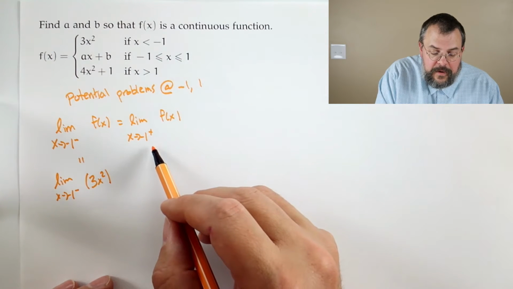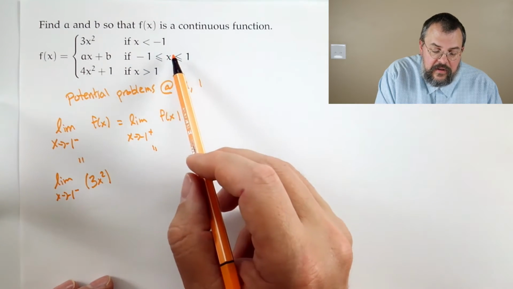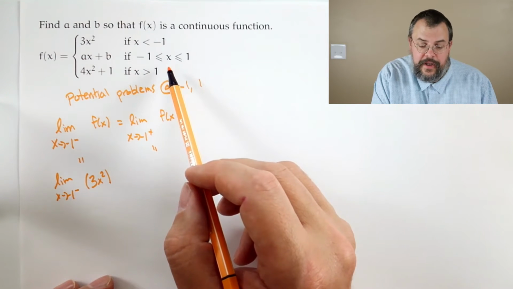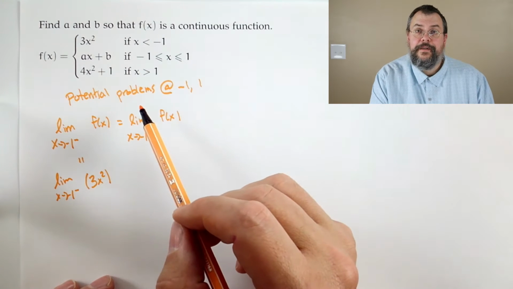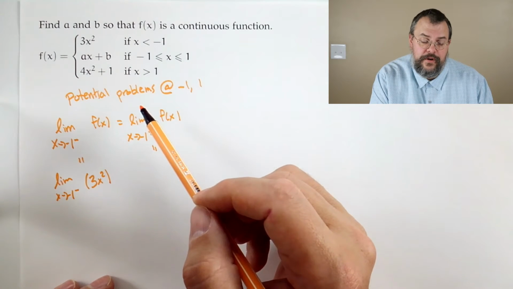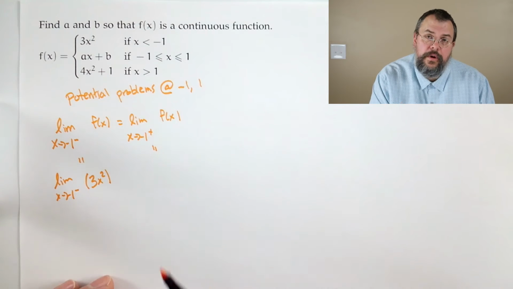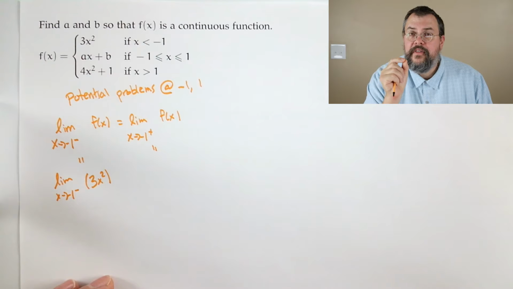How about from -1 from above? Now notice we have two candidates because this part, -1 to 1, is definitely above -1, but this part above 1 is definitely above -1. Which one is the important one? Well, the answer is we always are asking what's happening right near, because that's what limits do.